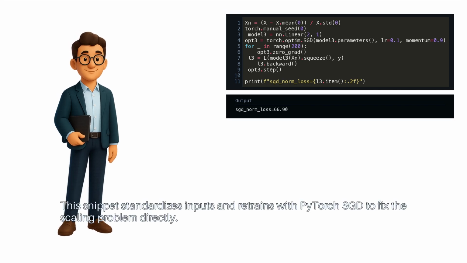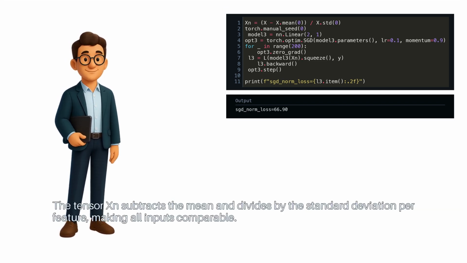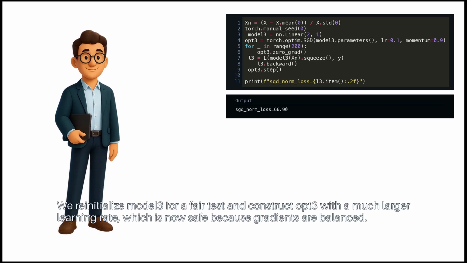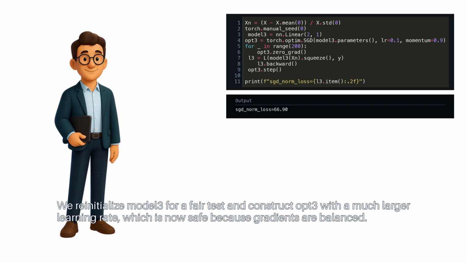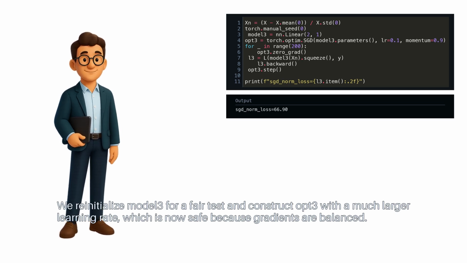This snippet standardizes inputs and retrains with PyTorch SGD to fix the scaling problem directly. The tensor xn subtracts the mean and divides by the standard deviation per feature, making all inputs comparable. We reinitialize Model 3 for a fair test and construct opt3 with a much larger learning rate, which is now safe because gradients are balanced.